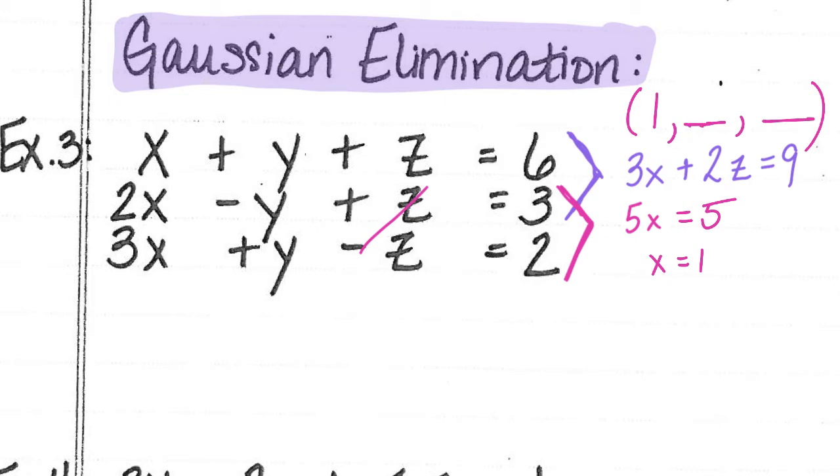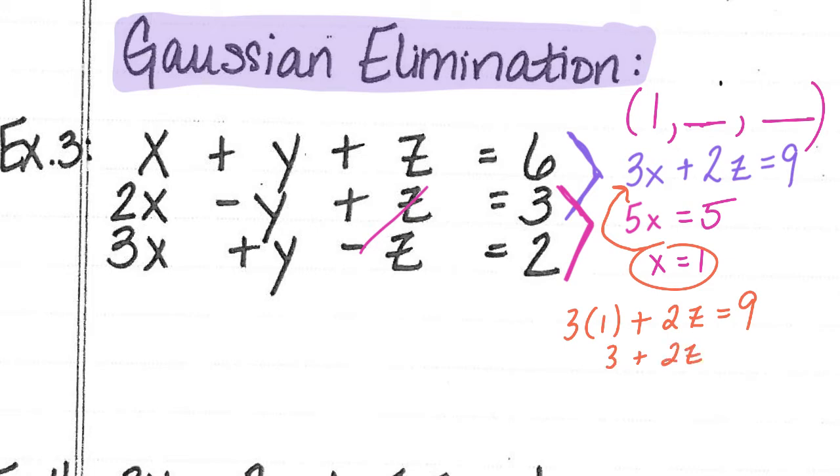So I can plug this x in to here, and now from here I'm going to use that back substitution. 3 times 1 plus 2 times what gives me 9. 3 plus 2z equals 9. 2z equals 6. And z is equal to 3.